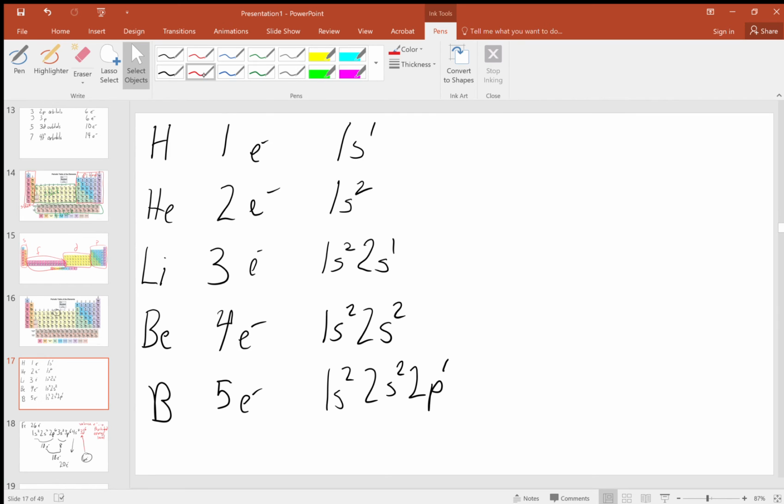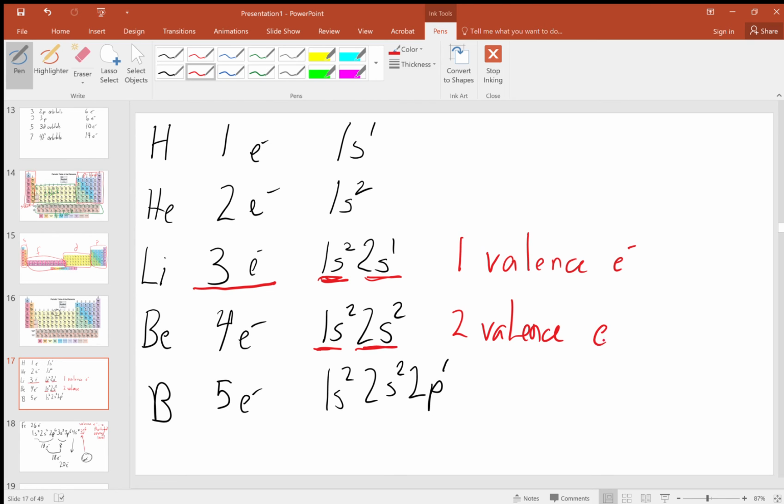Lithium has 3 total electrons. But how many of them are valence electrons? Well, 2 of them are in the first energy level. 1 of them is in the second energy level. So only 1 of them is in the highest energy level. So we say it has 1 valence electron. For beryllium, 2 are at a lower level, 2 are at a higher level. So it has 2 valence electrons. Boron has 3 valence electrons.